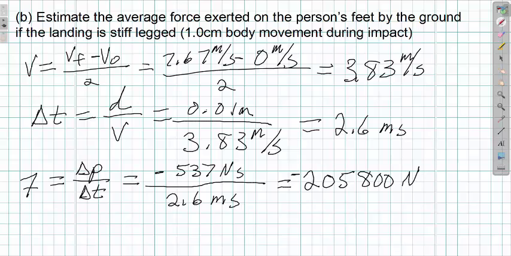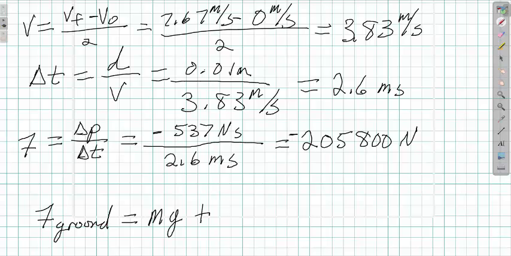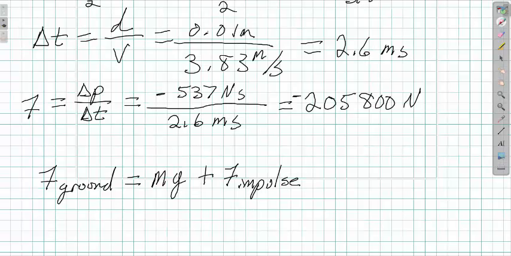That's huge. But we can't forget we need to add a little insult to injury, because also in this direction we have gravity. So the question asks us about the force of the ground. The force of the ground pushing up is going to equal gravity, mass times gravity, pulling down, plus our impulse force pulling us down. So let's add that up real quick.